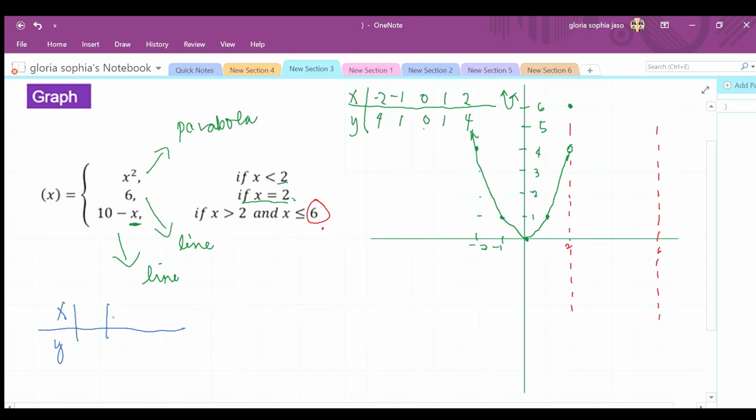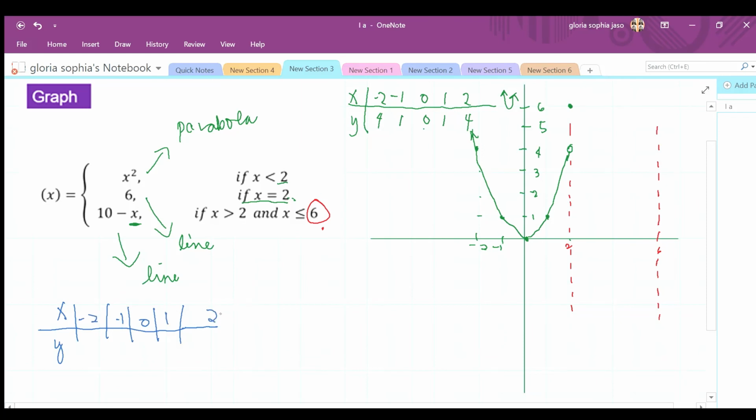Okay? So, pwede nating lagay dito is 0, negative 1, negative 2. 1, 2.